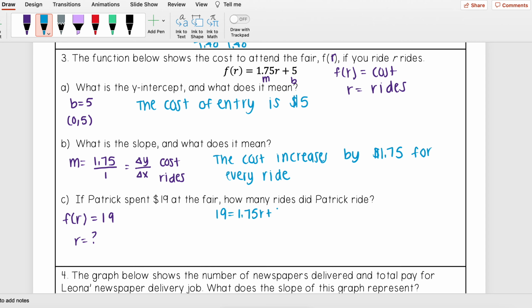And then I'm going to go ahead and solve for r. So I'm going to subtract 5 from both sides. And I get that 14 is equal to 1.75 r. And then if I divide both sides by 1.75, you should get that Patrick went on 8 rides.